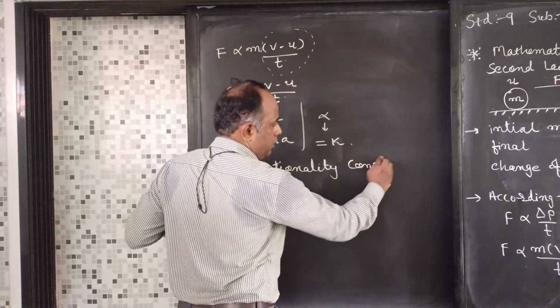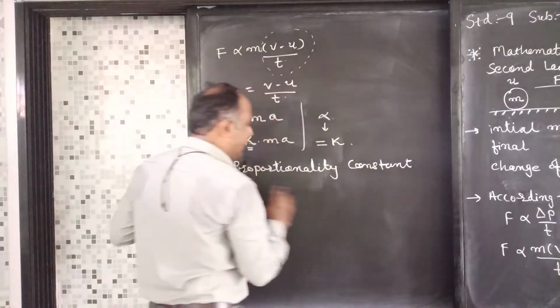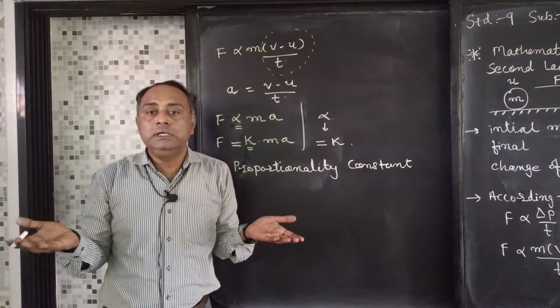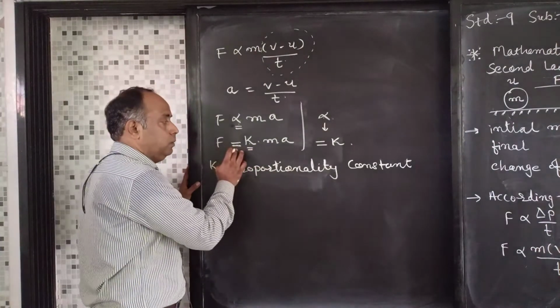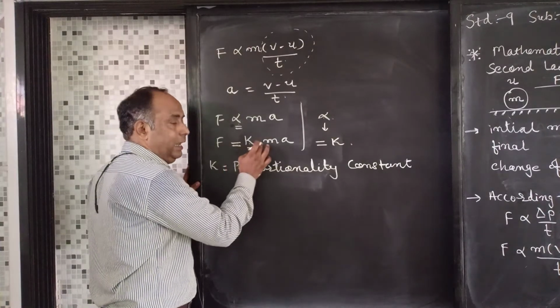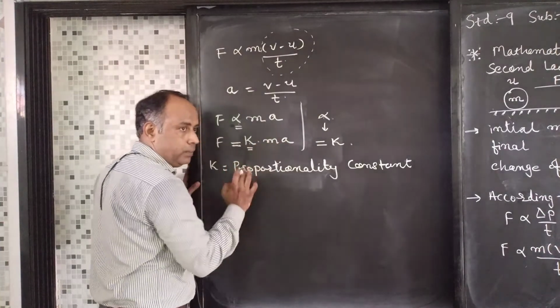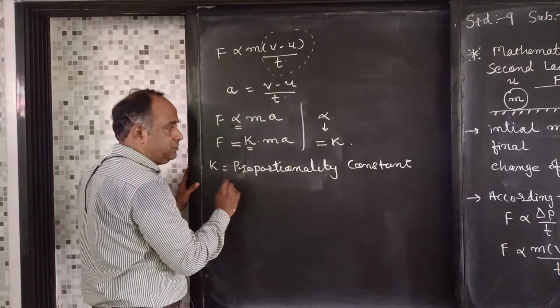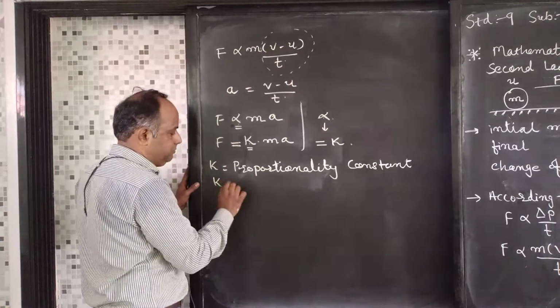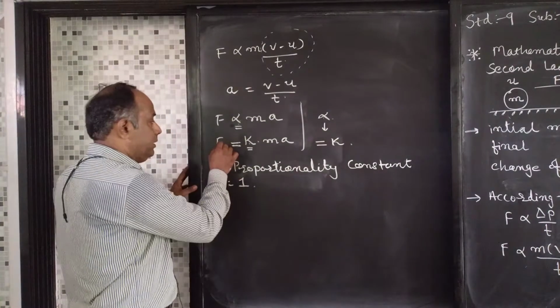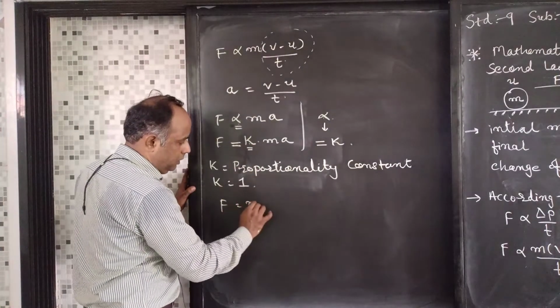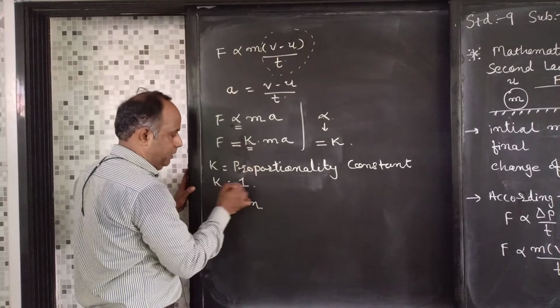It actually poises both the sides and makes them equal. So now F equals k into m into a. But now suppose k's value is taken as 1. If it is taken as 1, then in place of this I'll write 1.